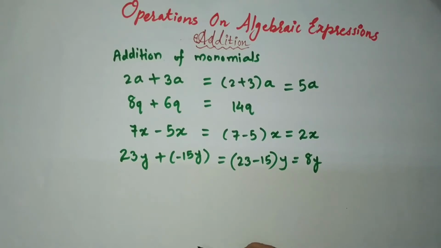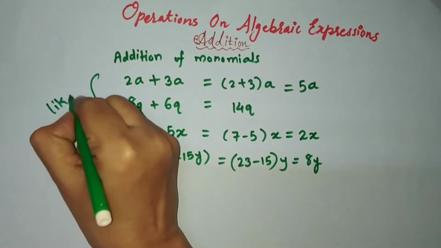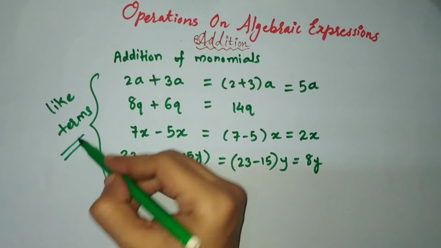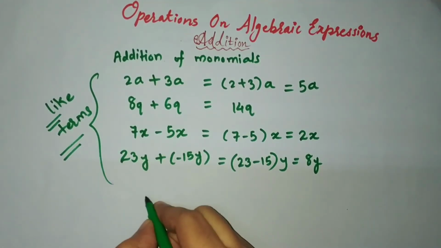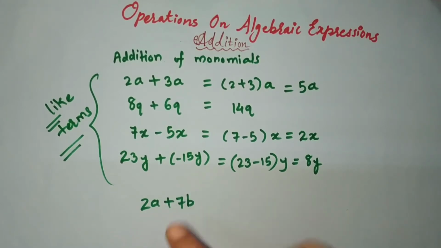Suppose x plus y is there, so we will keep it as it is, x plus y. So we cannot add and subtract unlike terms. These all are, we are speaking about the like terms. Like terms we can add or like terms we can subtract. But if suppose you are having unlike terms, like you are having 2a plus 7b, so you cannot add or subtract here. In this case you simply indicate the addition or subtraction like this.